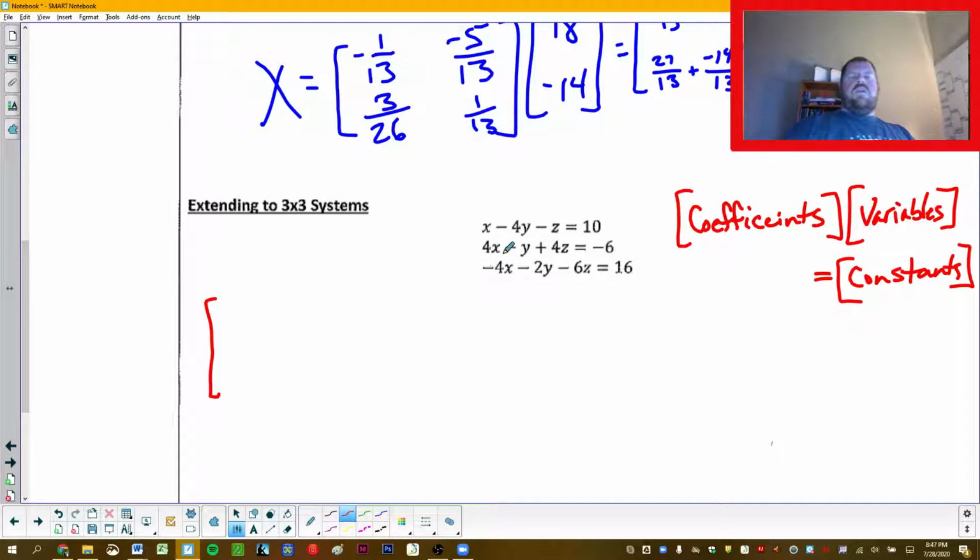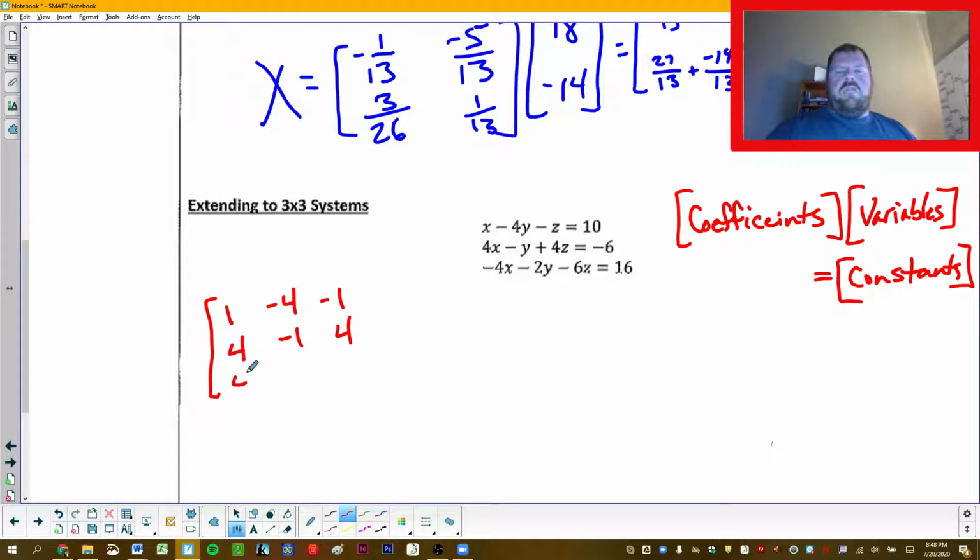So in the first matrix, I'm looking for my coefficients, the numbers in front of the variables. They do need to be in order. If I'm going to stick with x, y, z, then every row has to be x, y, z. So the coefficient in front of x is 1, in front of y is negative 4, and in front of z is negative 1. For the second equation, it's 4, negative 1, 4.